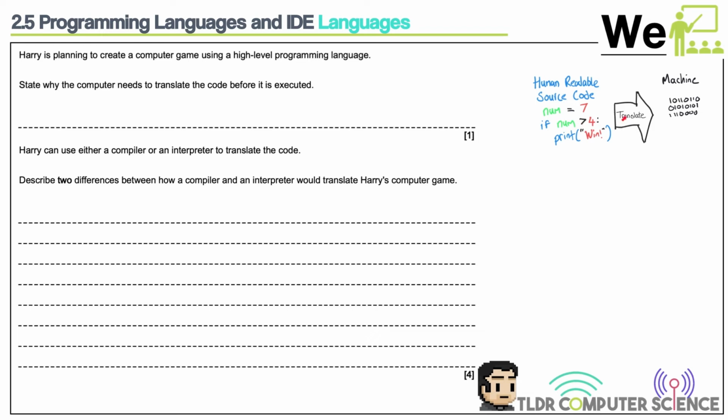And you do that by translating the human readable source code, in this case in a high-level language, into machine code. If it's a high-level language, you need to use either an interpreter, which will do it one line at a time into machine code, or you use a compiler, and a compiler takes all the code in one go and then turns it into machine code. And they have different advantages and disadvantages, which I'm sure we'll get into.